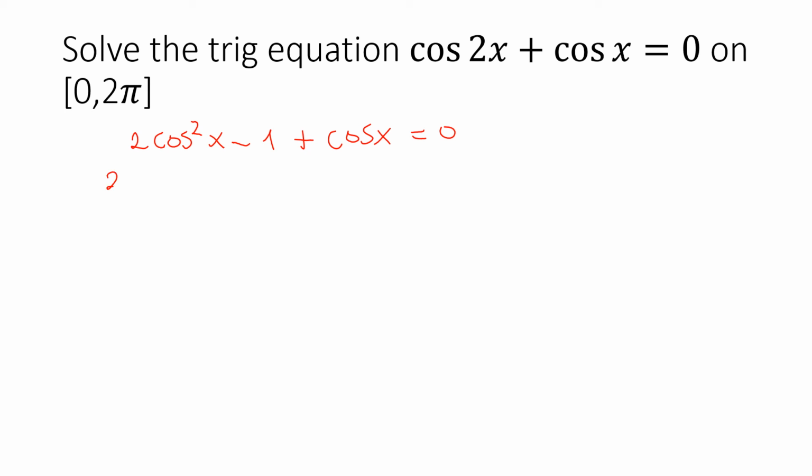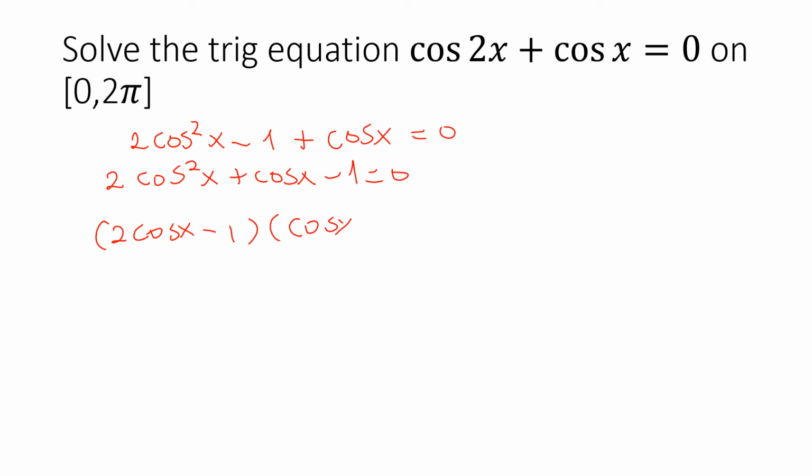We could rearrange this to 2 cos squared x plus cos x minus 1 equals 0. Now we could factor this and have 2 cos x minus 1 and cos x plus 1 equals 0. Sorry.